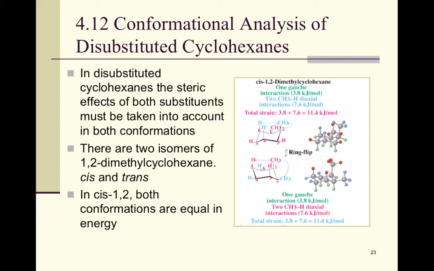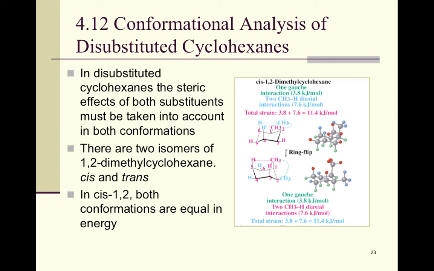In disubstituted cyclohexanes, the steric effects of both substituents must be taken into account in both conformations. So on this one, we're looking at disubstituted cyclohexanes, and we're looking at two CH3 groups on the ring. These two that we're looking at are 1,2-dimethyl cyclohexane.